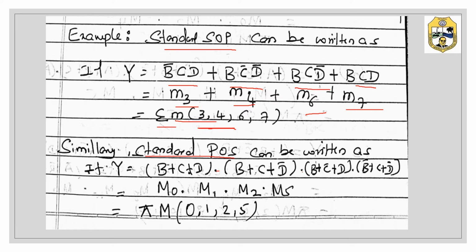The first term can be written as capital M0, the second term as capital M1, the third term as M2, and the last term as M5. Finally it can be written as pi of capital M 0, 1, 2, 5. This is nothing but the standard product of sum form.